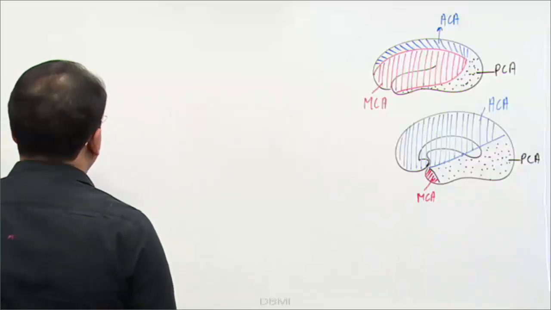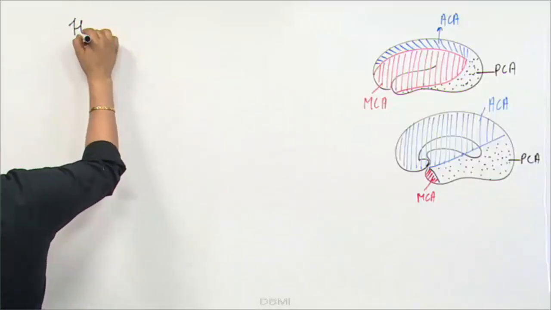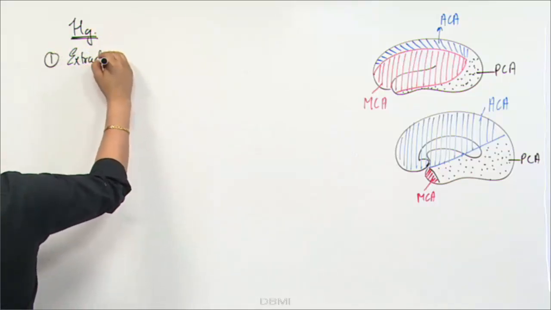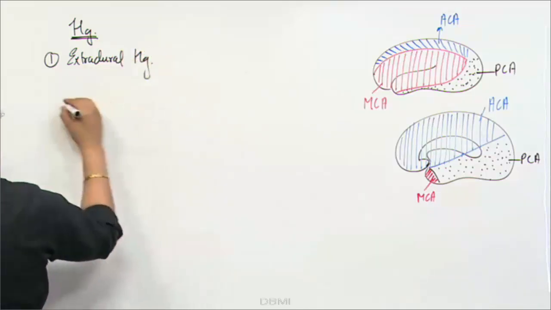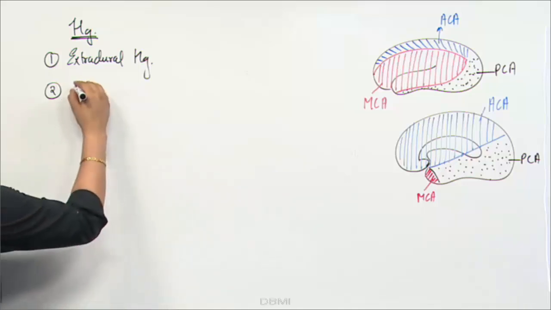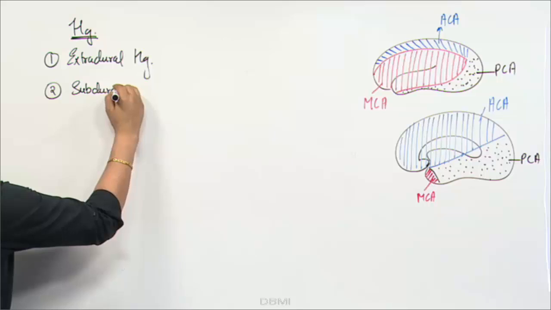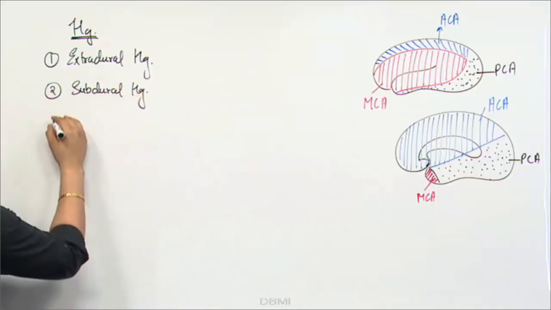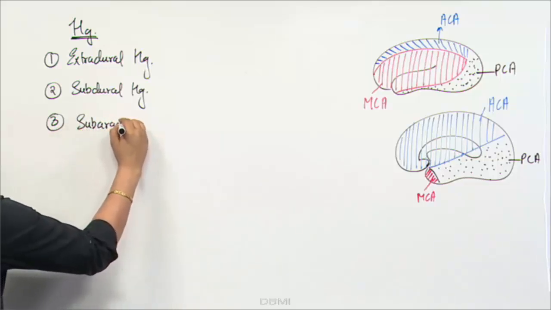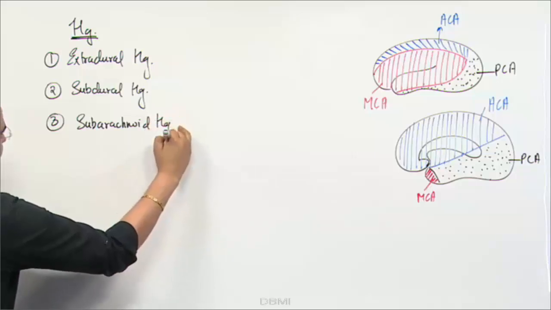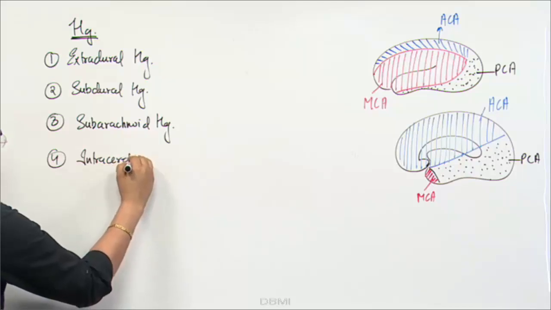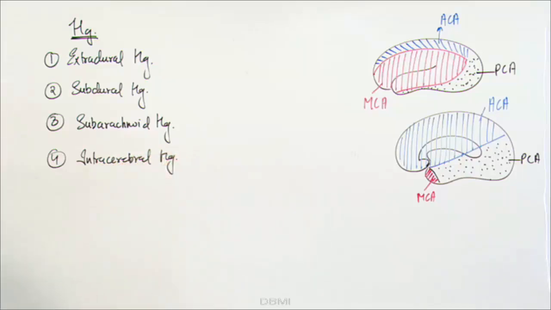And the very last thing is about the four types of hemorrhages and the blood vessels involved in them. One is extradural hemorrhage, subdural hemorrhage, subarachnoid hemorrhage, and intracerebral hemorrhage.